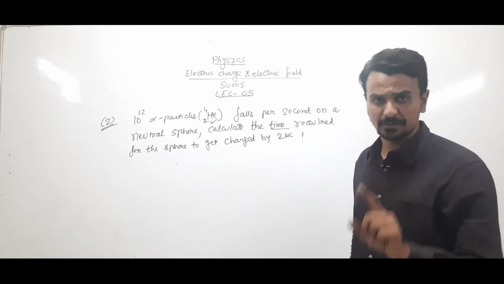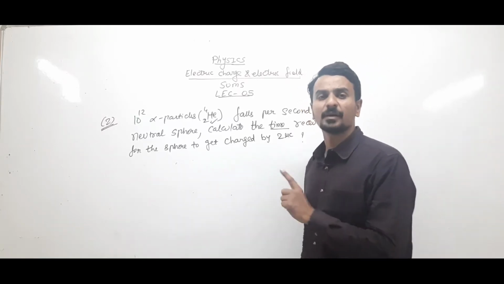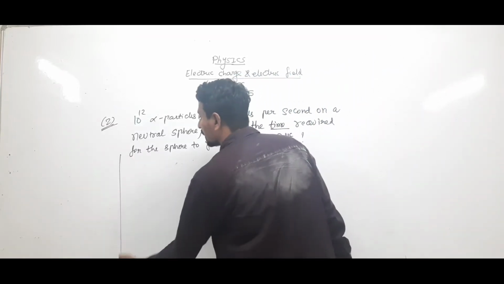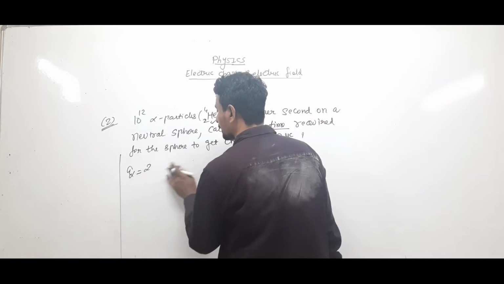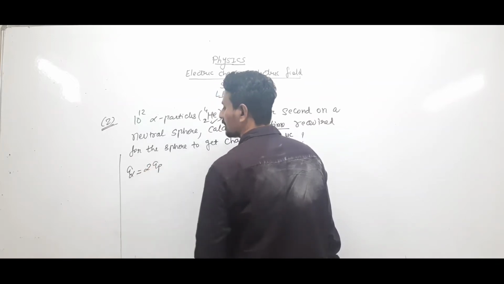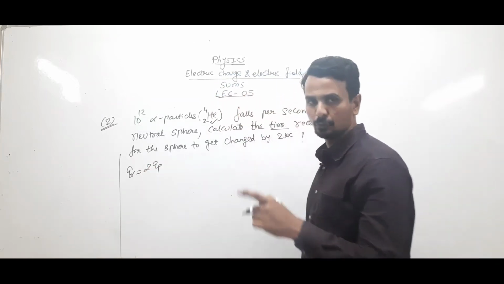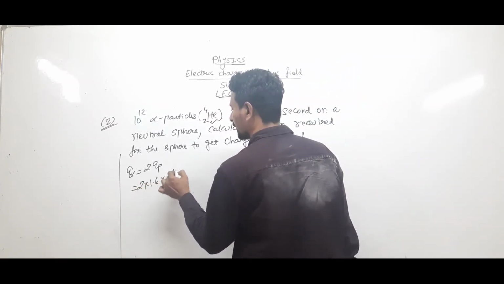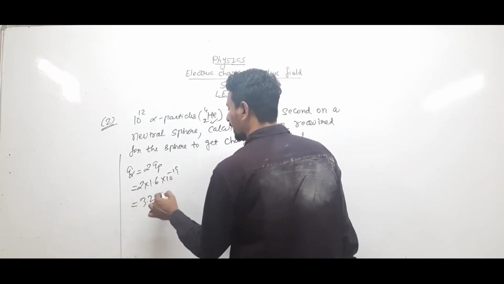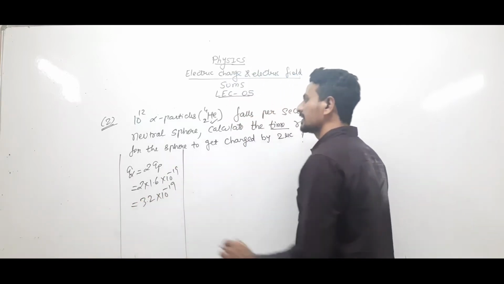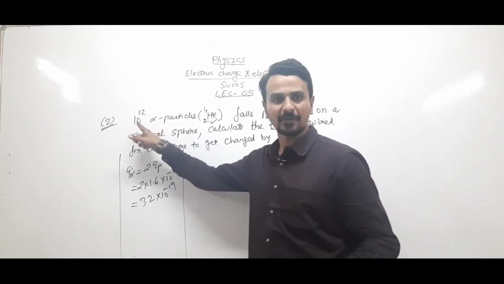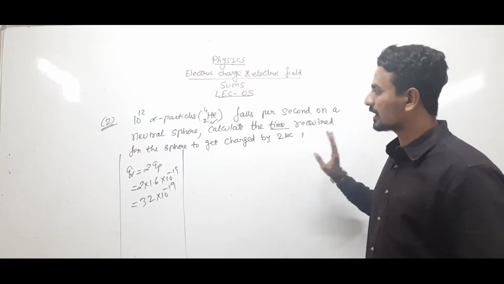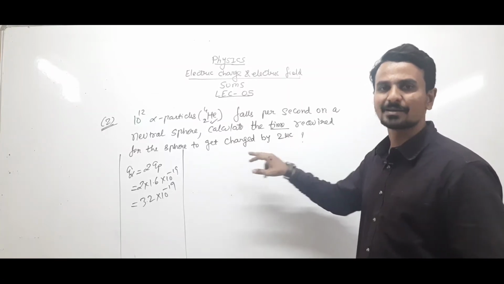See, according to the question, 10 raised to 12 alpha particles are falling on a neutral sphere. Alpha particle means charge will be 2 times the charge of proton, 2He4, right? So it will be 2 into 1.6 into 10 raised to -19, so that is 3.2 into 10 raised to -19. Fine. The question says that this many alpha particles are falling on a neutral sphere in 1 second. You have to find the total time for the sphere to be charged by 2 microcoulomb.